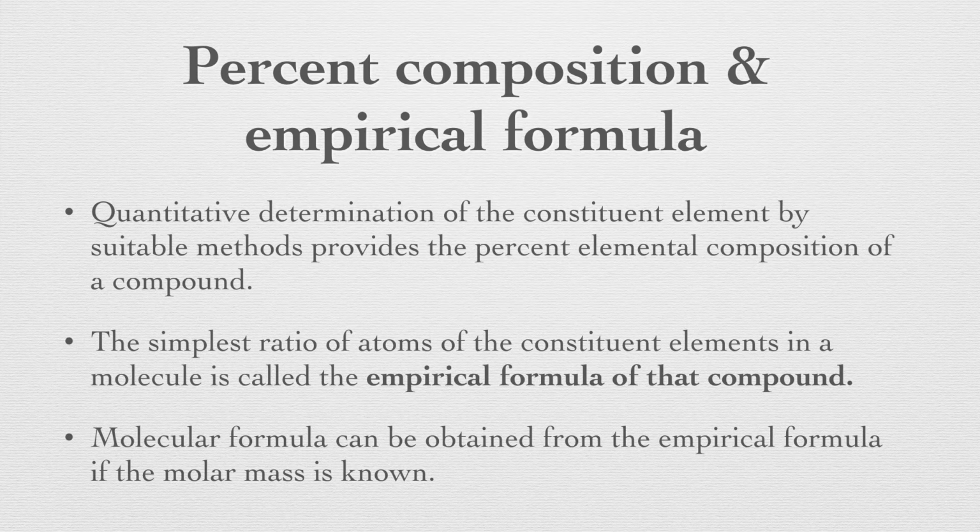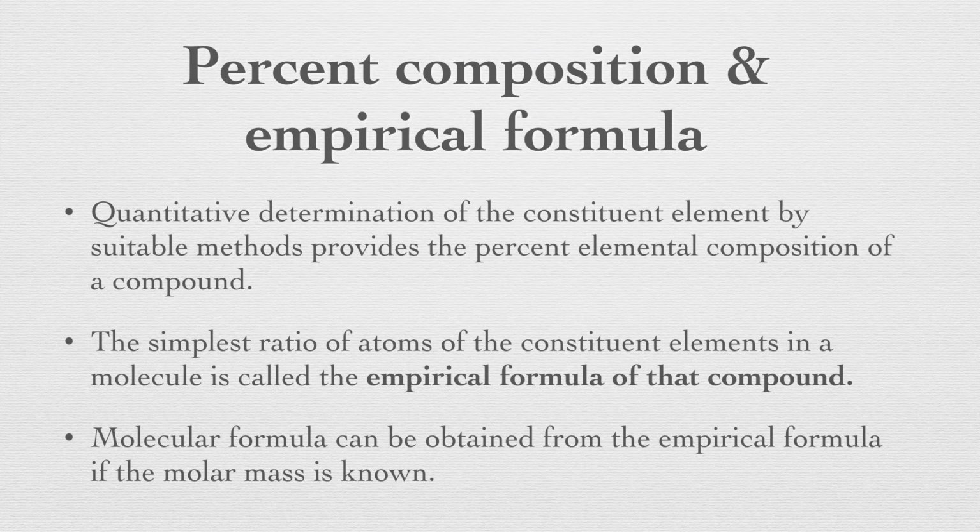You should know the difference: the empirical formula only gives us the ratio of the constituent elements in the compound, while the molecular formula is the exact number of atoms present in the compound.